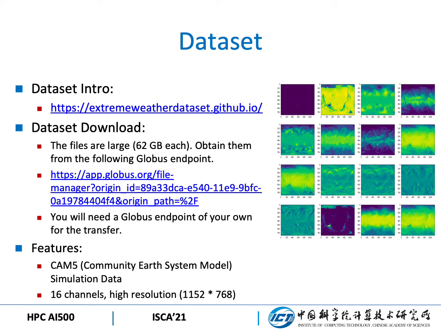Each channel is 768 by 1152 resolution, corresponding to one measurement per 25 square kilometers on Earth. More details can be found on the extreme weather dataset website on GitHub.